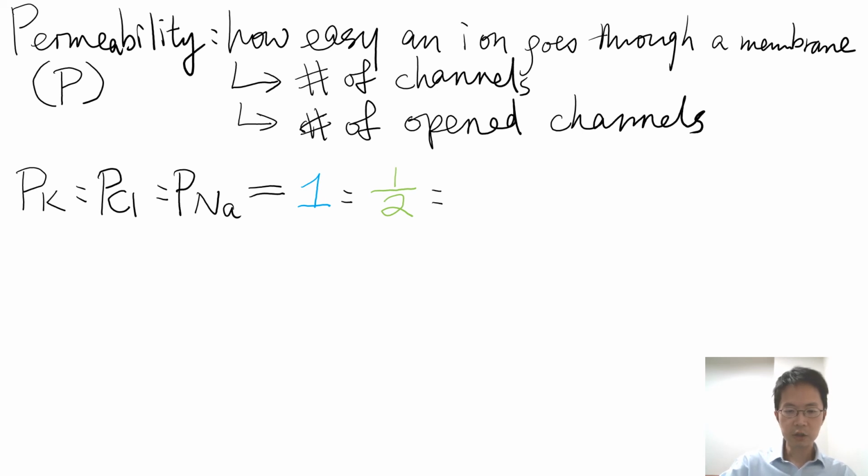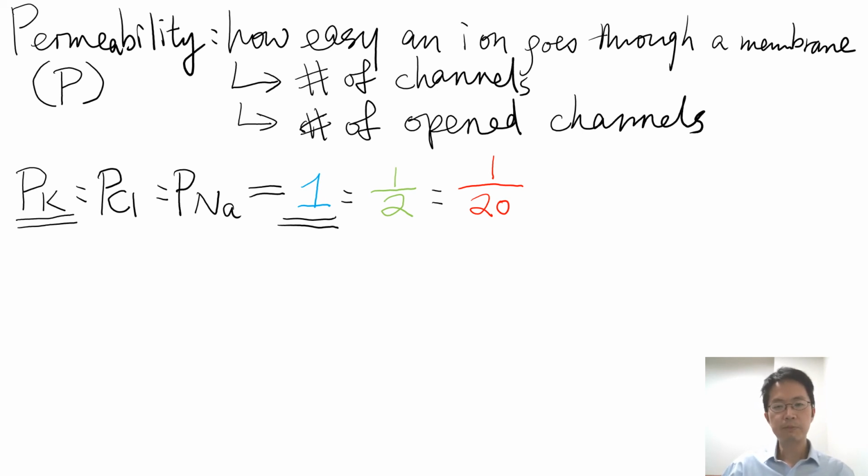And then sodium is approximately 1/20th, the exact number being approximately 0.04. So you can see that the highest permeability of the three ions is potassium. Because potassium has the highest permeability, potassium is the one that contributes the most to the resting membrane potential.